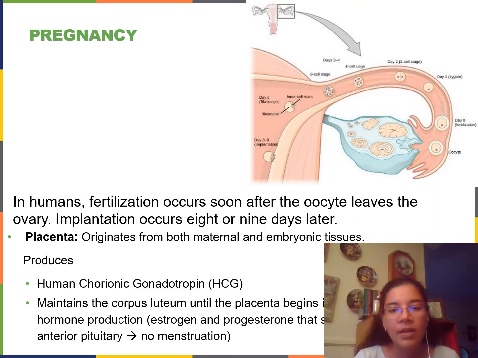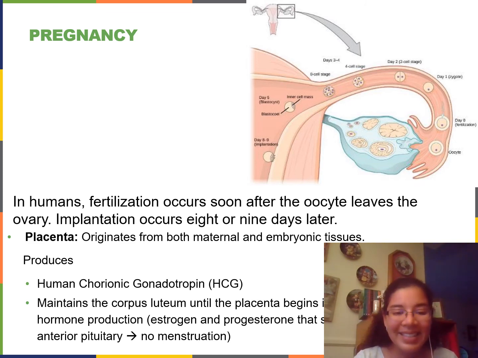pregnancy. So pregnancy, we have in humans, fertilization occurs soon after the oocyte leaves the ovary. Implantation occurs about 8 days after. And then the corpus luteum, recall the corpus luteum, is secreting progesterone. This is going to maintain that thickened endometrium, thickened uterine wall. The placenta will form and originates from both maternal and embryonic tissue.